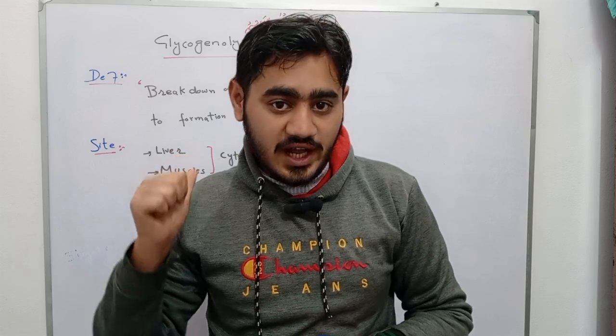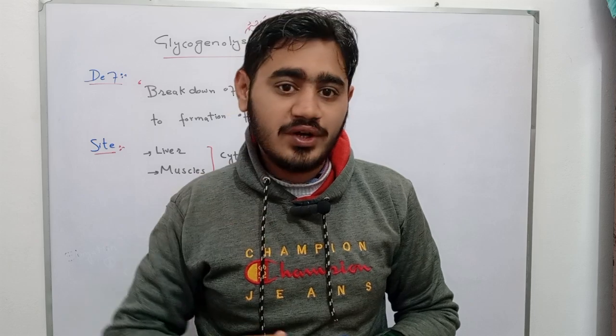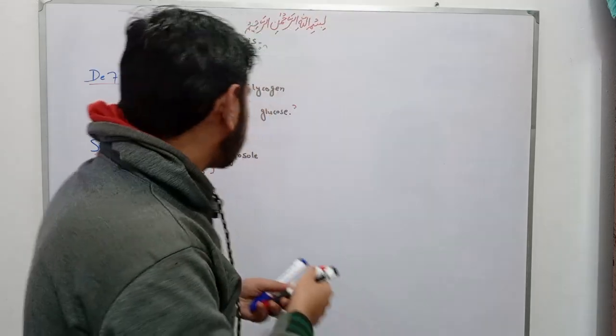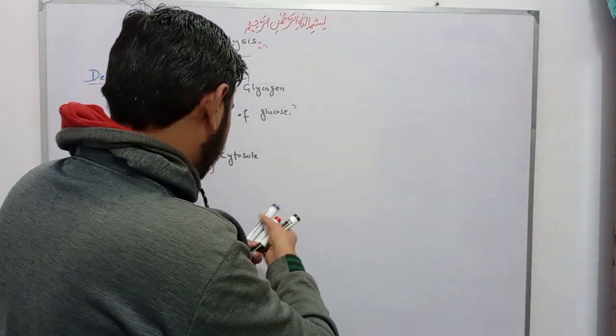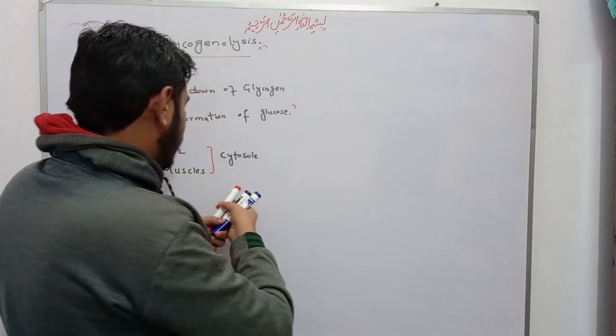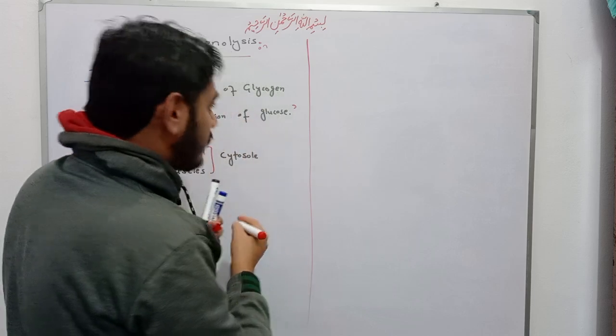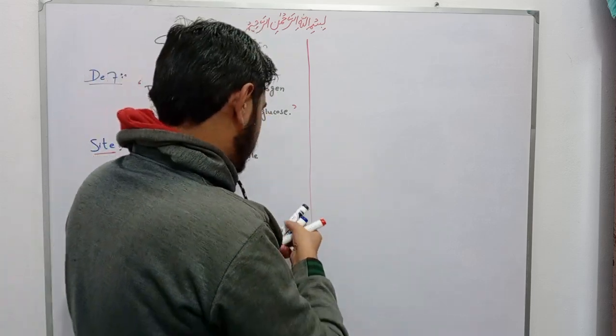And in glycogenolysis, one of the most important enzymes that performs work is glycogen phosphorylase. Now let's see the steps of glycogenolysis.